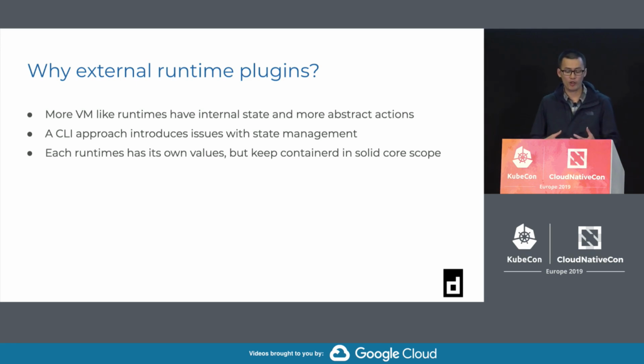And if we use a CLI to control an external runtime, it will create an issue with the container state management, and each runtime has its own values. We cannot introduce all the existing code into the code base because it will make Kubernetes out of control.